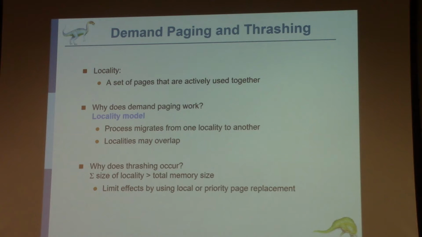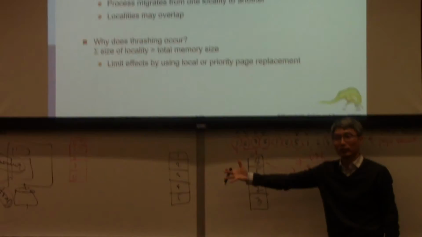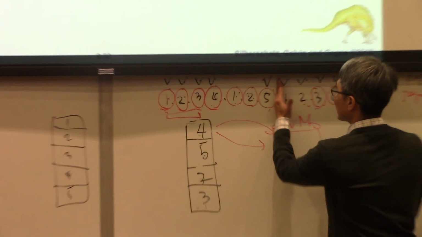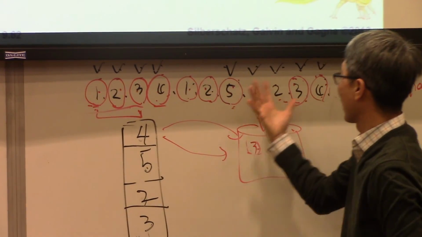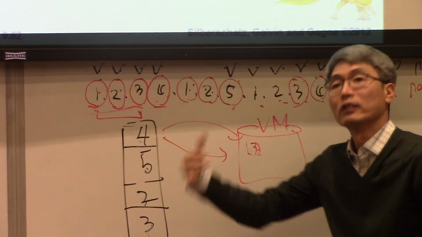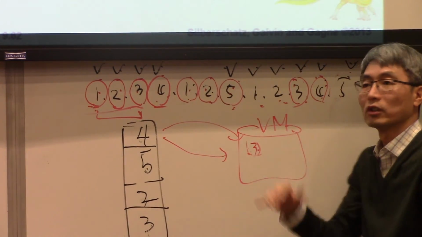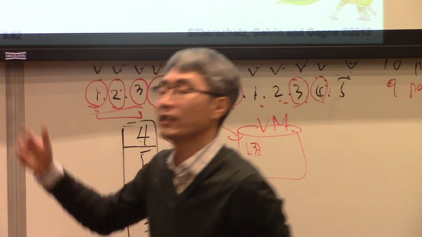That is another idea. Also, the ideal case is to see the future. Which one will be used? If at this time 1 is used, you can keep it in the memory. If 2 is used nearby, keep it. If not used, that will be the victim. So that is called optimal.